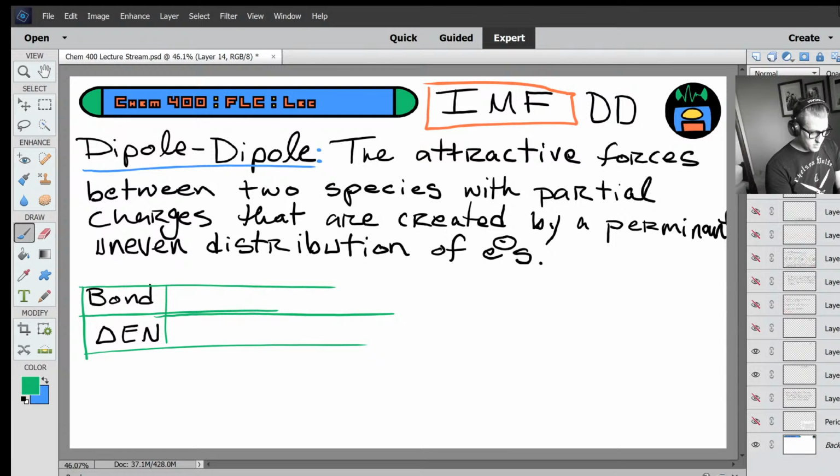So, for example, we said a covalent bond forms between two atoms whose difference in electronegativity is less than 0.5. All right, if you took that difference and it was less than 0.5, you had a covalent bond on your hands.